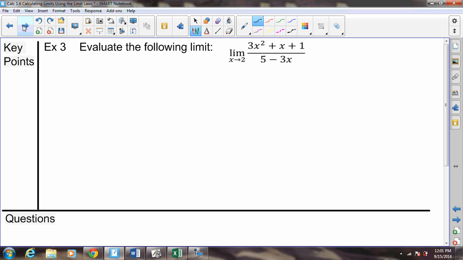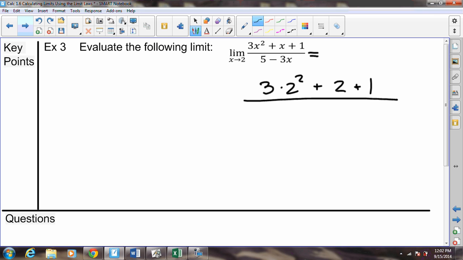Our first technique that we can try to use, it's not a guarantee that it'll work, but basically we know because this is going to break into so many limits, let's just start evaluating those limits. We would have 3 times the limit of x squared as x approaches 2, 2 squared. Plus the limit of x as x approaches 2. Plus the limit of a constant is the constant.